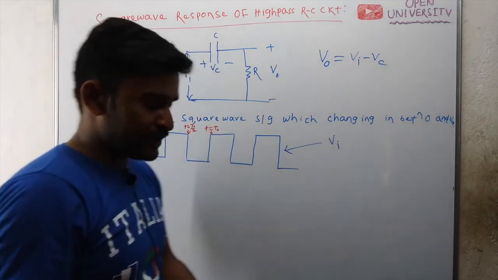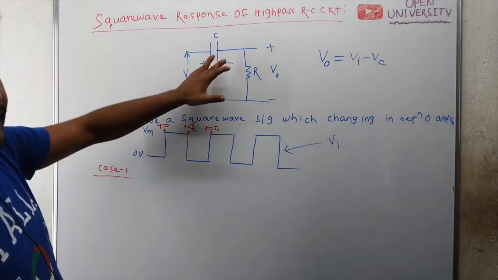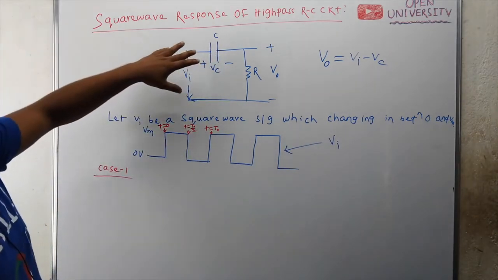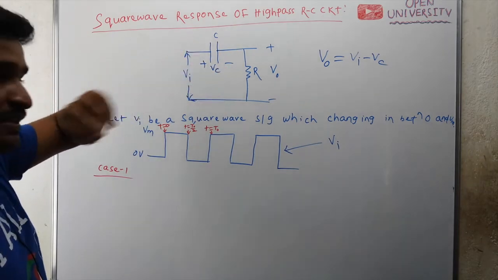First case, we will understand the square wave response of this high pass RC circuit when the time constant is very high. What is the time constant of this high pass RC circuit? R into C, RC.